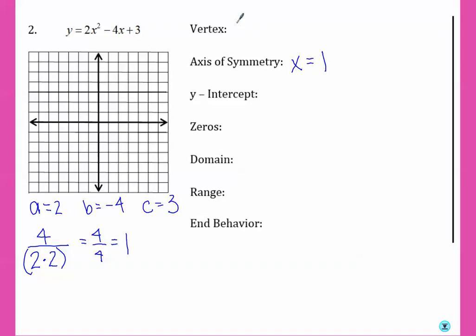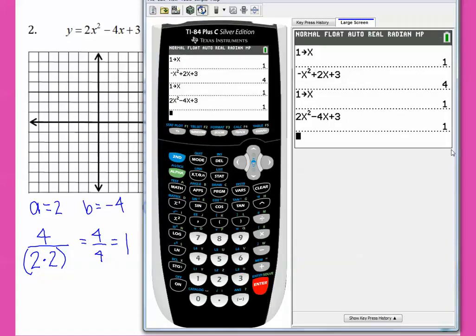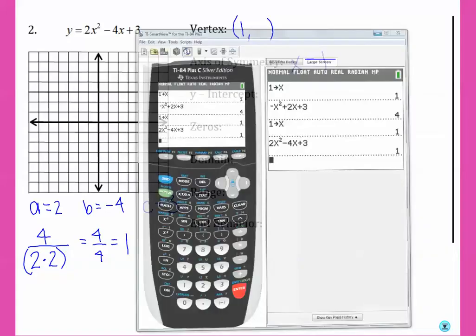So x equals 1, and the vertex is at 1. So we need to find the y part of our vertex. We're going to do this by plugging into our equation. So 1 store for x, and type the original problem: 2x squared minus 4x plus 3. So the y part of our vertex is at 1.